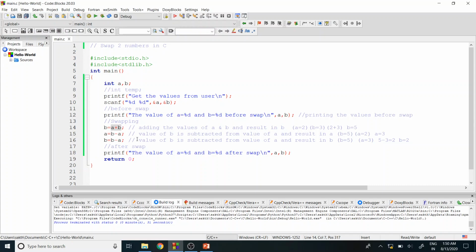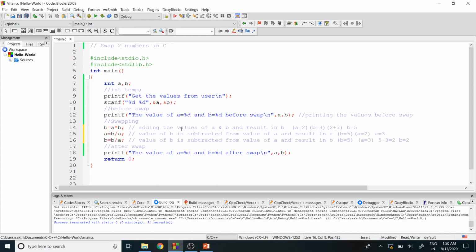In this tutorial, we're going to see how to swap two numbers with the help of the multiplication and division operators. For that, we use a multiplication operator here, and in the next equation we modify that to a division operator.